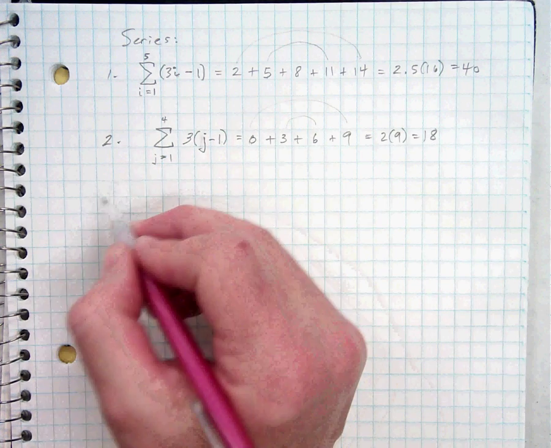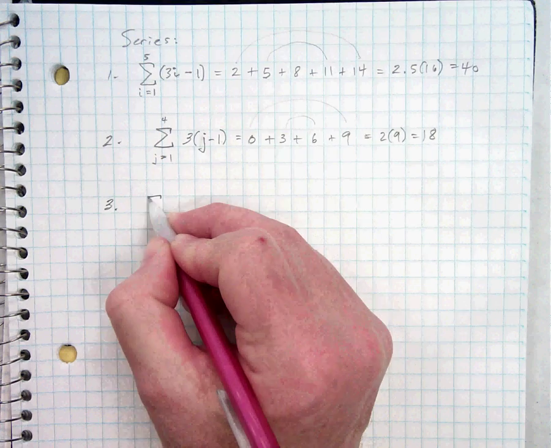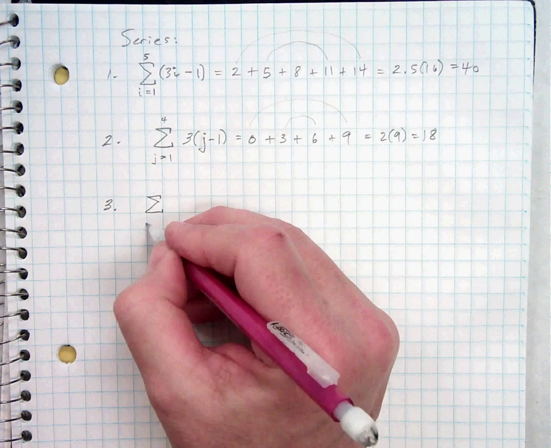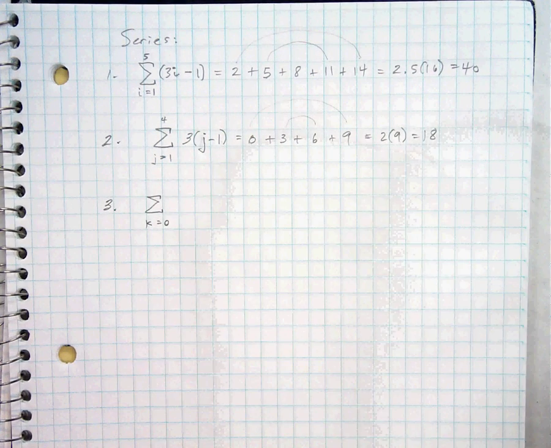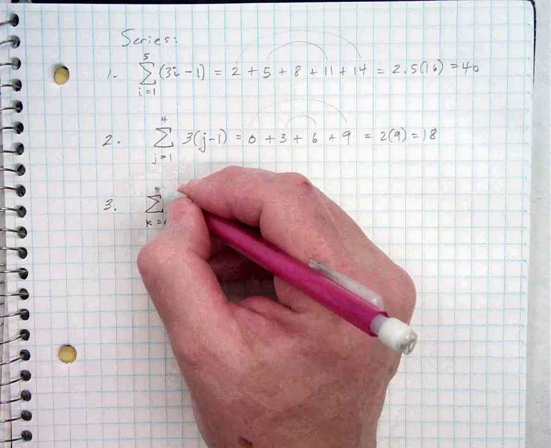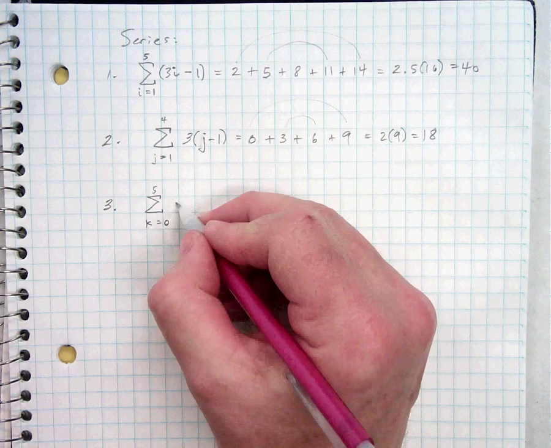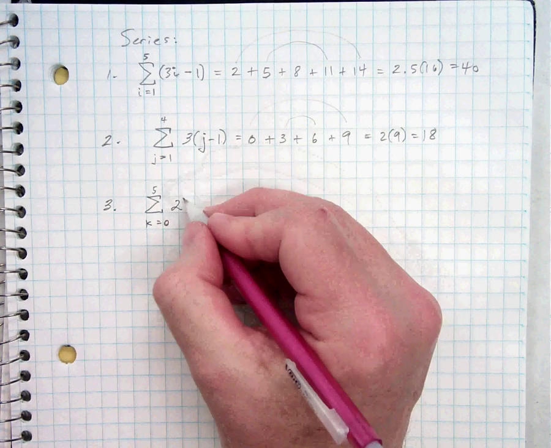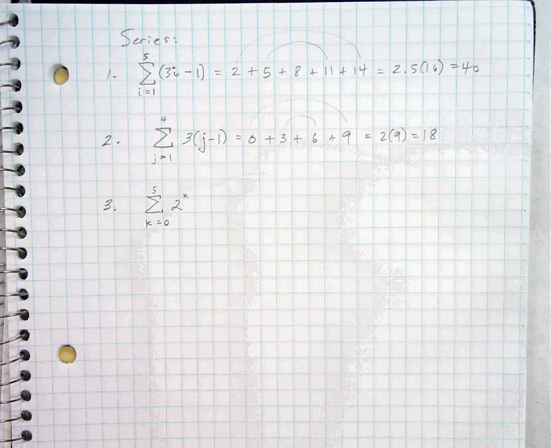Let's try one that's not arithmetic. So this time, notice I'm starting with, I'll do a K. I'm starting with a 0 down here. And I'm going to the 5th number. The rule is 2 to the k power.